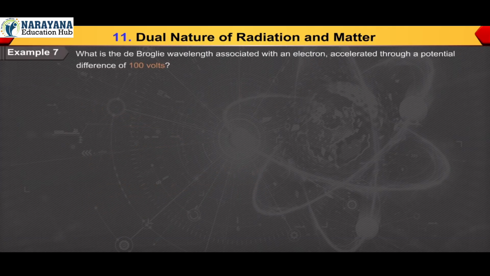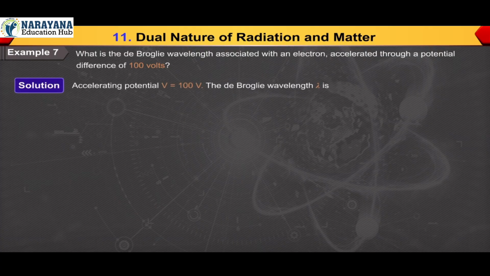Example 7. What is the de Broglie wavelength associated with an electron accelerated through a potential difference of 100 volts? Solution. Accelerating potential V = 100 volt. The de Broglie wavelength lambda = h/p = 1.227/square root of V nanometer.